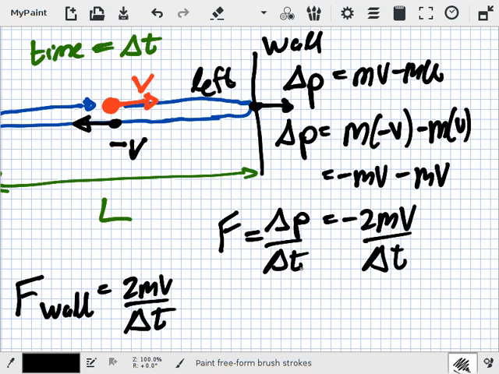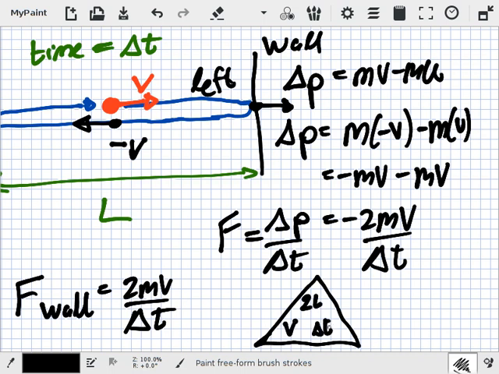Okay, you have that? Now, let's simplify this a little bit. I don't really want the delta t here. If you look at this, what is the total distance the particle travelled in one cycle? It travelled the distance of 2L. So if you think about your triangle of distance, speed, time, the distance is 2L, the speed is v, and the time is delta t.